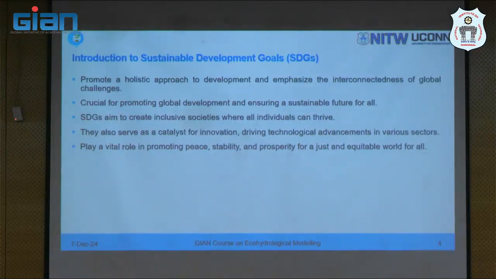Crucial for promoting global development and ensuring a sustainable future for everyone. These sustainable development goals aim to create inclusive societies, right? Gender equality is one of those, and reducing inequalities for all is another. So it is meant to be very inclusive.